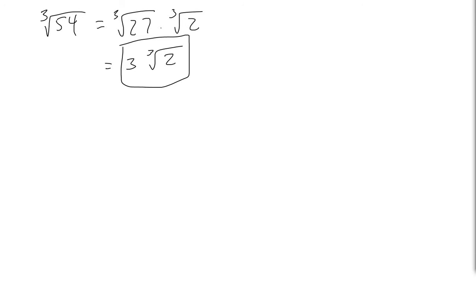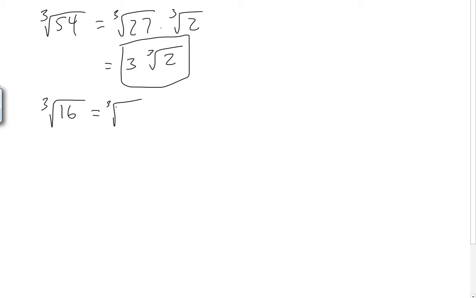So I could do something like the cube root of 16. Notice that 16 is a perfect square, but I'm dealing with a cube root, so I'm kind of stuck now. The only cubes that are smaller than 16 are 1 cubed, which gives me 1, or 2 cubed, which gives me 8. So 8 does go into 16.